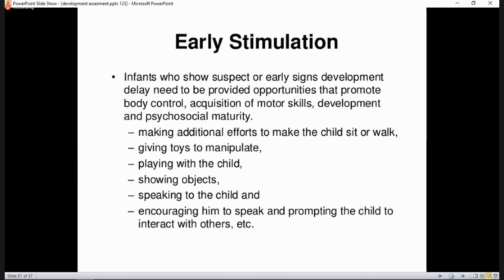So an infant who shows suspected early signs of developmental delay needs opportunities that promote body control, acquisition of motor skill development, and psychological maturity. Make additional effort to make the child sit or walk, and give toys to manipulate.